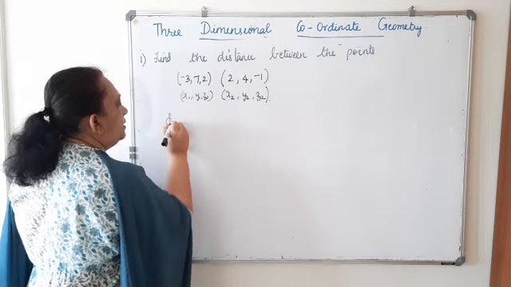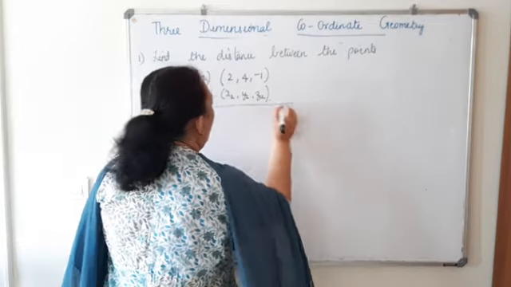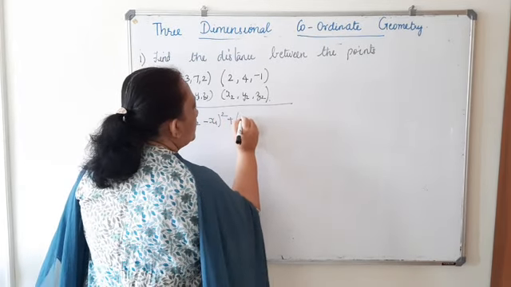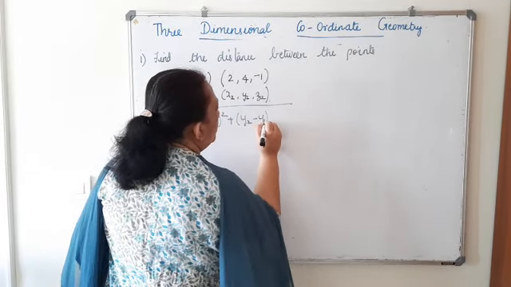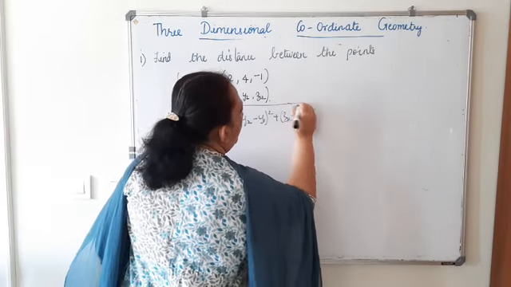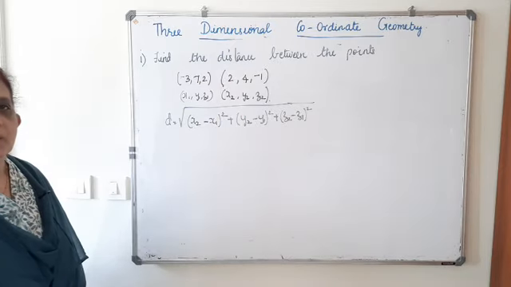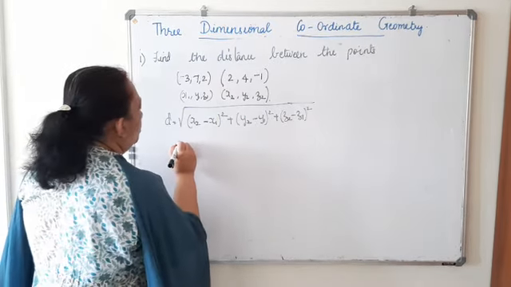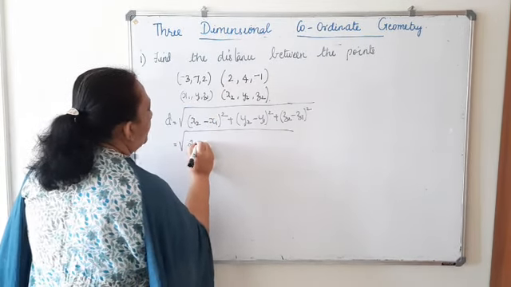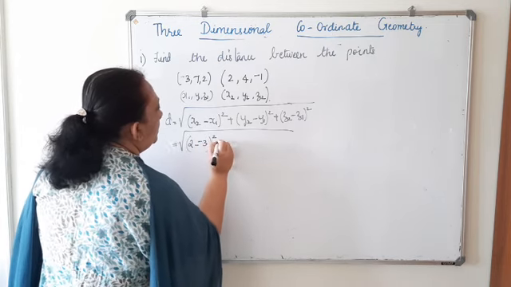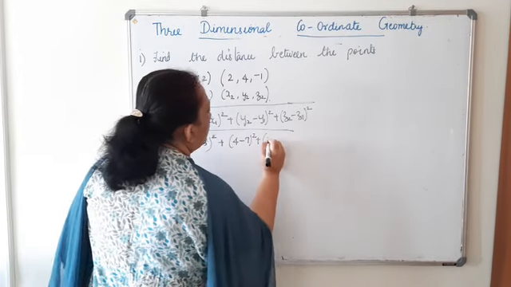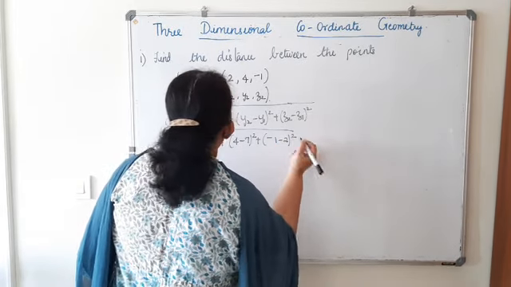Write the formula. Distance d is equal to root of (x2 minus x1) the whole squared plus (y2 minus y1) the whole squared plus (z2 minus z1) the whole squared. The distance is always taken as positive. So this is equal to root of (2 minus 3) the whole squared plus (4 minus 7) the whole squared plus (minus 1 minus 2) the whole squared.